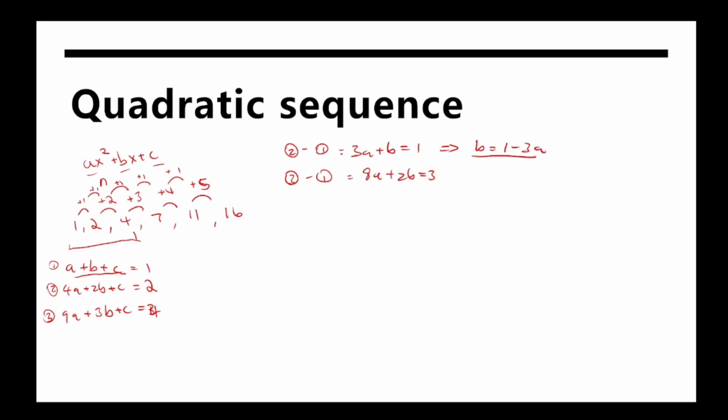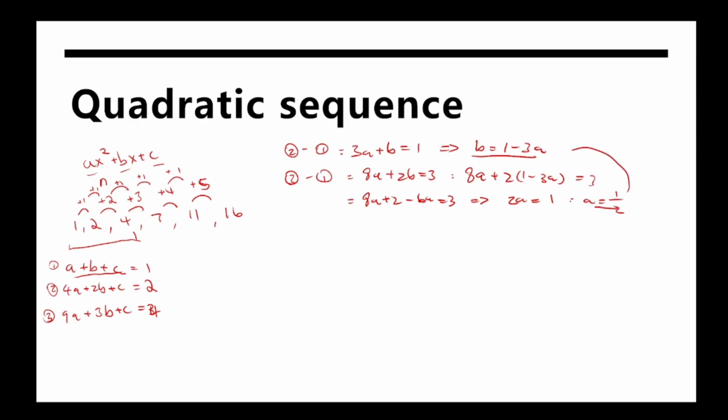Substituting b equals 1 minus 3a, we get 8a plus 2 times (1 minus 3a) equals 3. Expanding this, we get 8a plus 2 minus 6a equals 3. Moving the a's to one side and the constants to the other side, we get 2a equals 1. Thus, a equals 1 over 2.